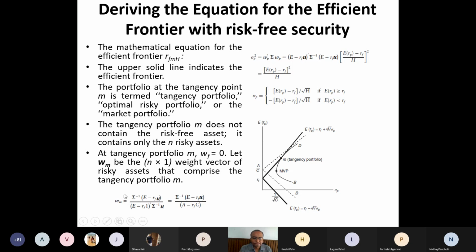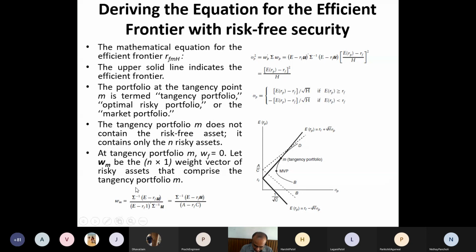Also from this you can find the weight vector of the securities if you want to invest in the market portfolio. That also I am leaving to you to calculate, the weight vectors of all securities. In that case, you have to substitute WF equal to 0, and I assume I am holding all securities included in Nifty or Sensex.